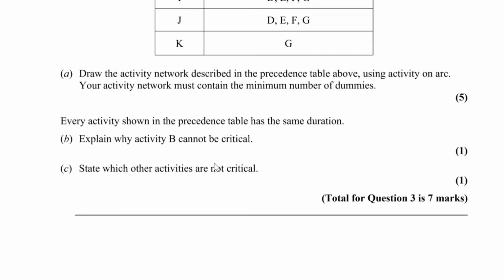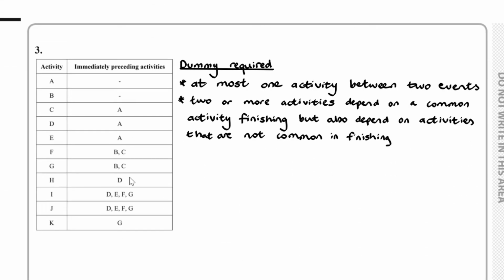So I've just copied out the table here, and we require a dummy when we see the two conditions. The first one, when we have at most one activity between two events, and the second one, 2 or more activities depend on a common activity finishing but also depend on activities that are not in common in finishing.